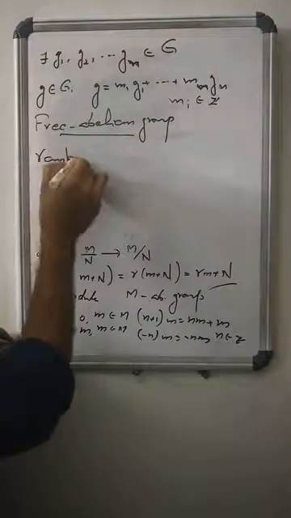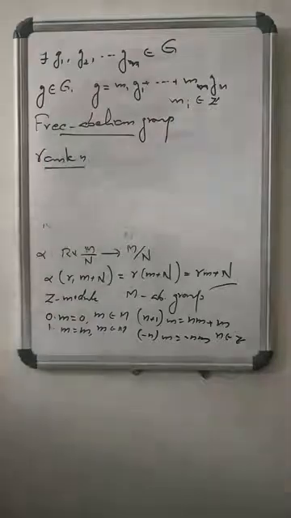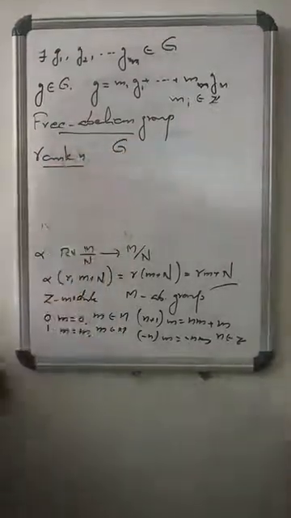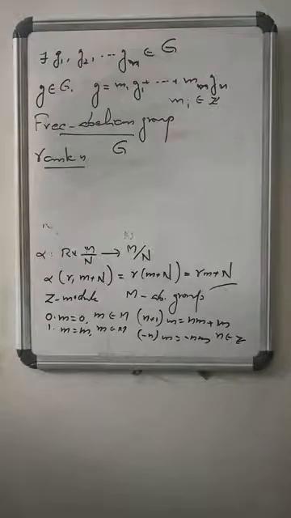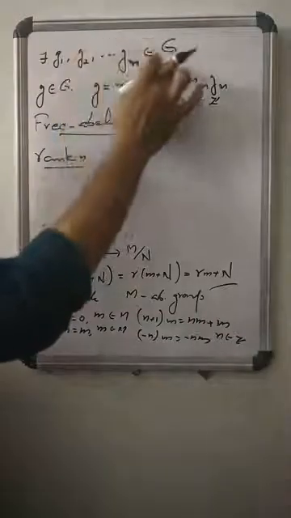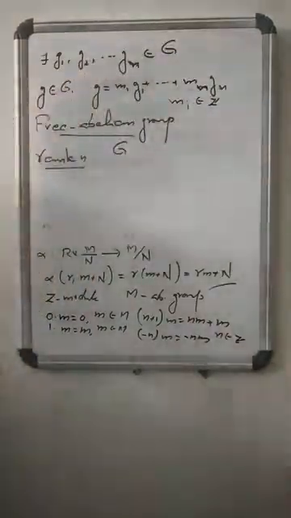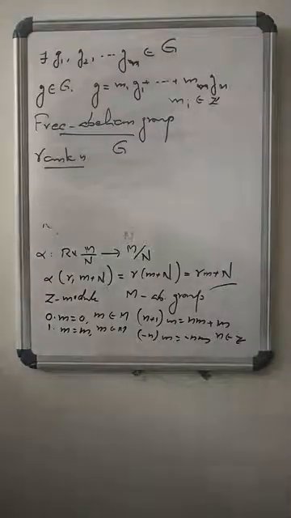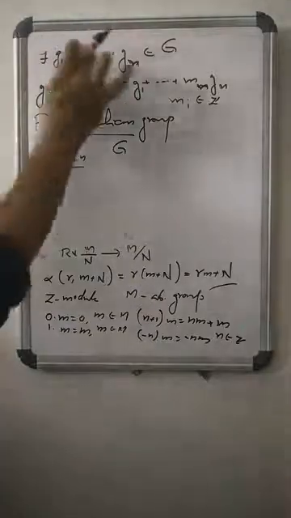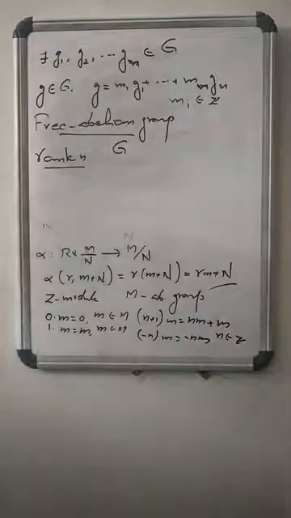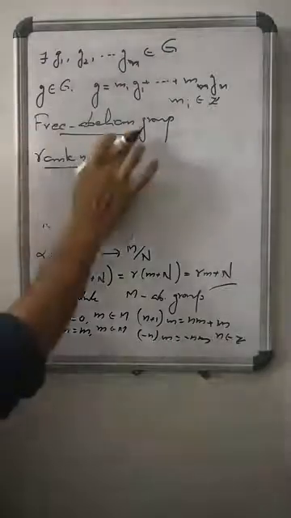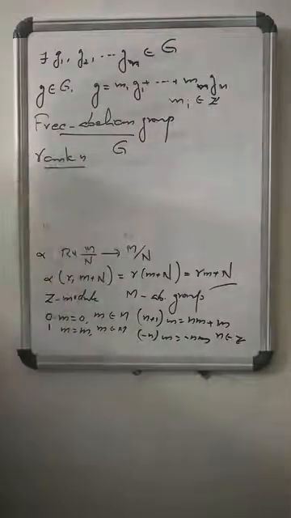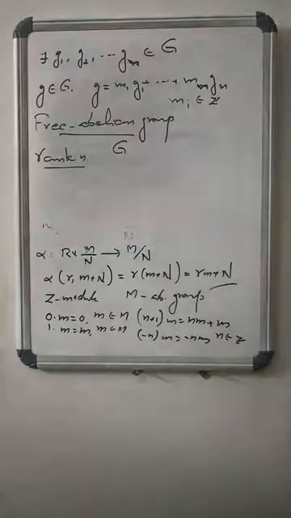Let G be a group; it is a free abelian group of rank n if G has a basis consisting of n elements g1, g2, etc., gn in G. If any element in G can be expressed as a linear combination of these gi's, and moreover g1, g2, etc., gn are linearly independent, then the set is said to be a basis of G. Thus G is a free abelian group with basis g1 etc. gn, of rank n.